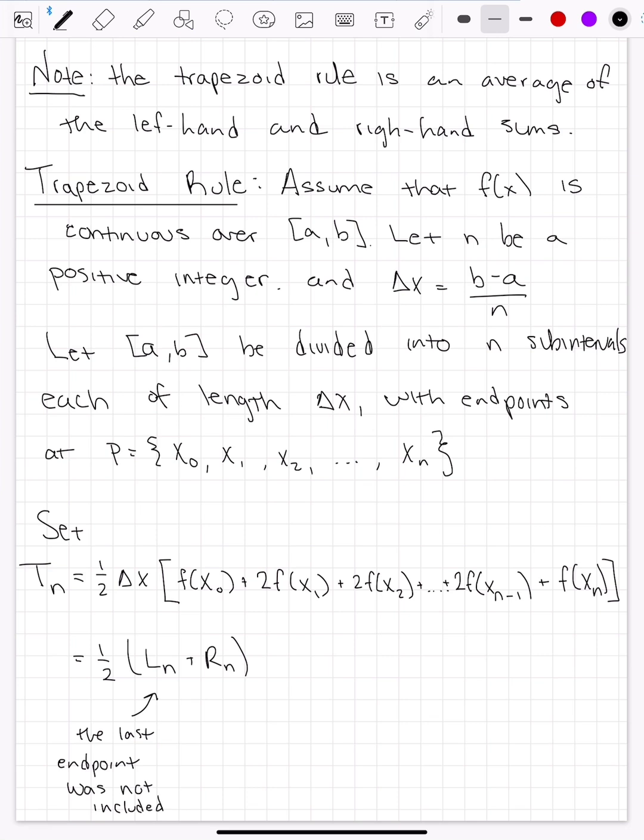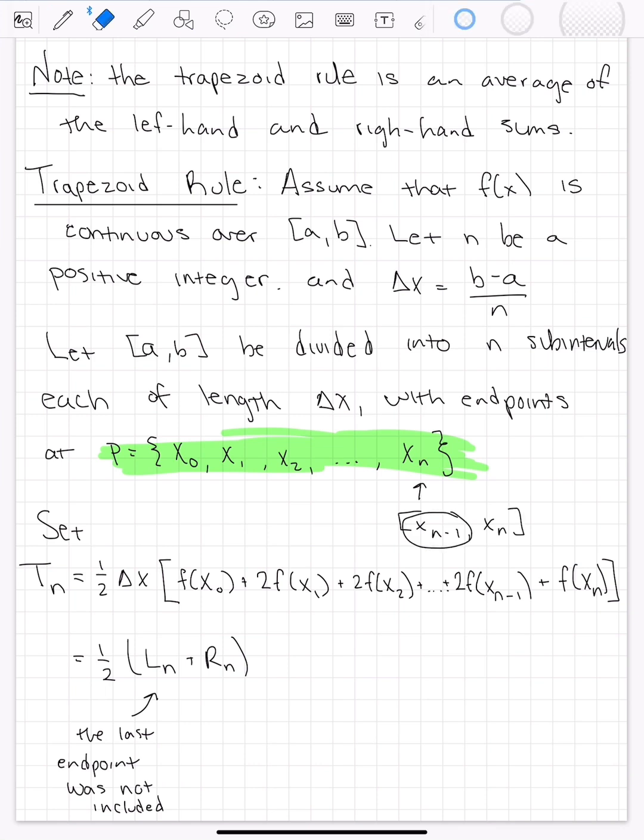Like if we split up our interval into these sub-intervals with these endpoints, on the left one, we don't end up including this one, because the last interval is x_{n-1} to x_n, and we use this one for our height in the left endpoint rule, versus on the right endpoint rule, we use this one. So on the right endpoint one, for the first one from x0 to x1, we use x1, so we never actually use x0.